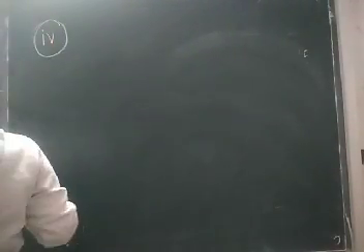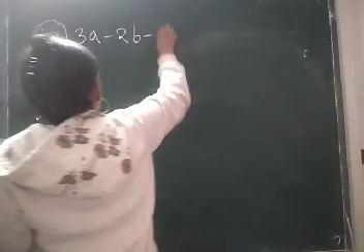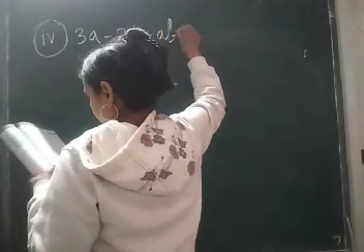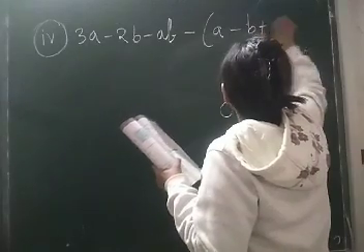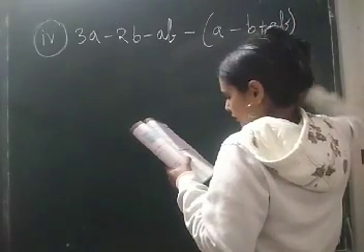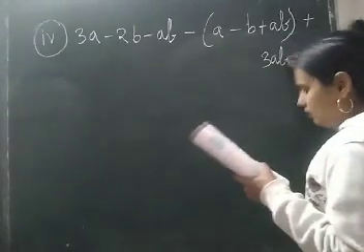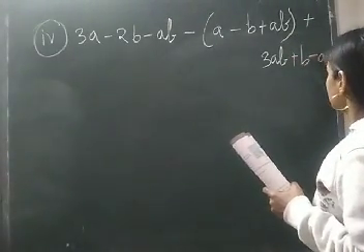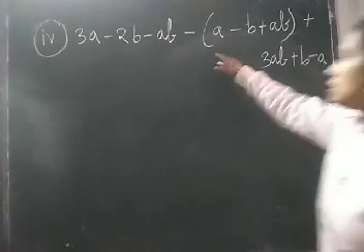So starting with the fourth one now, and the fourth one is 3a minus 2b minus ab minus a minus b plus ab plus 3ab plus b minus a. First thing, we will remove this bracket.